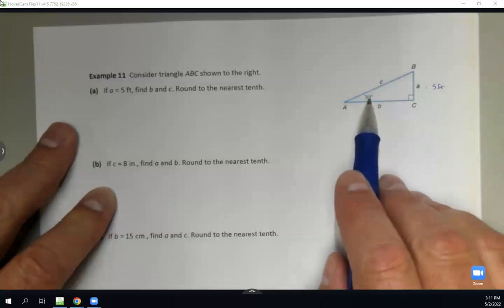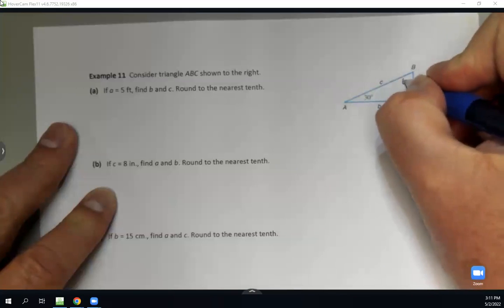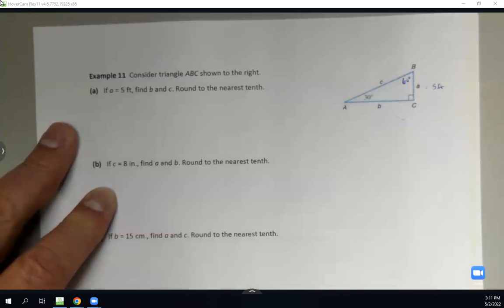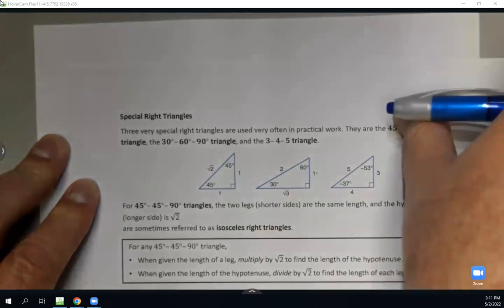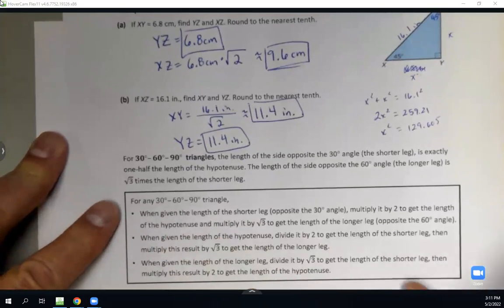Well, again, this is a 30-60-90 triangle. So we have this situation, and we can use what we just said right here.